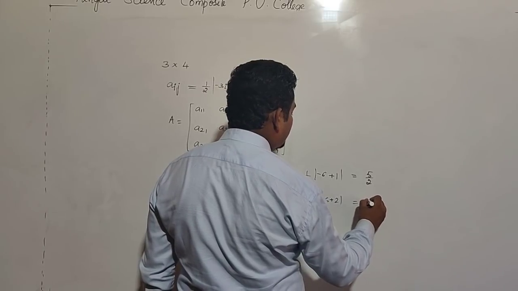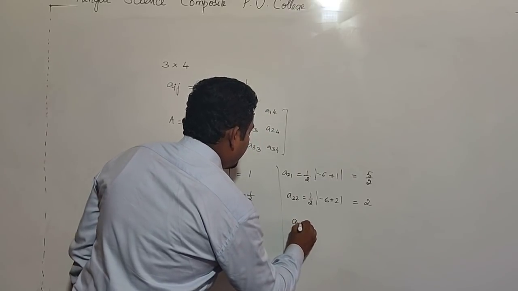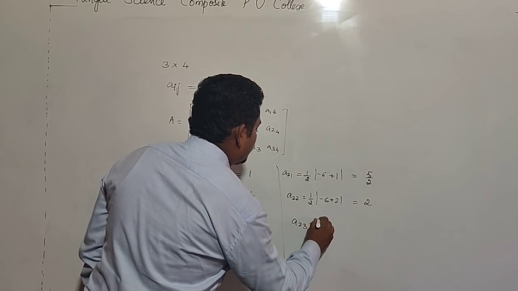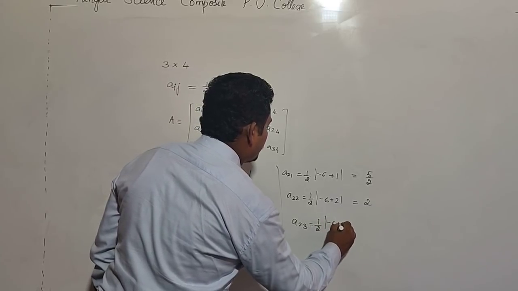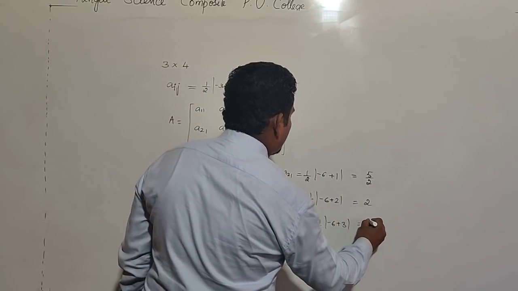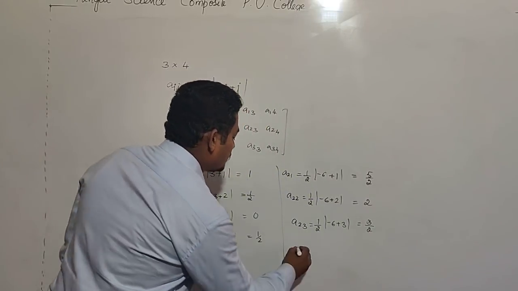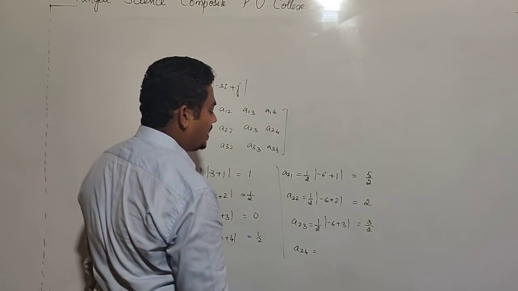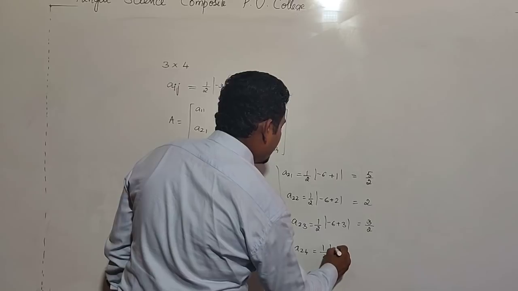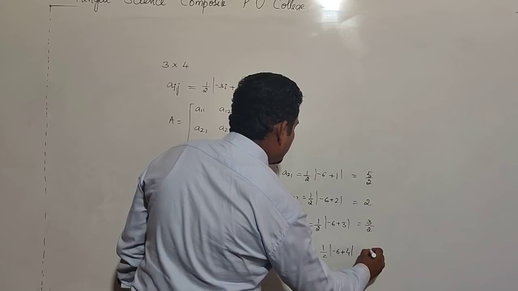Minus 4 is plus 4 only, divided by 2 is 2. A23: again 1 divided by 2 times modulus of minus 6 plus 3 is equal to modulus of minus 3, which is plus 3, so it will be 3 by 2. After that A24: 1 divided by 2 times minus 6 plus 4 is equal to 1.